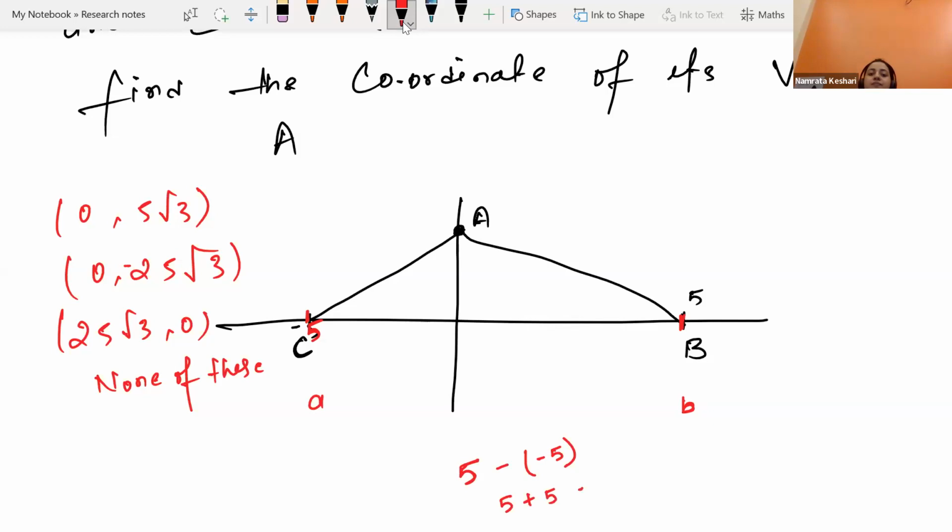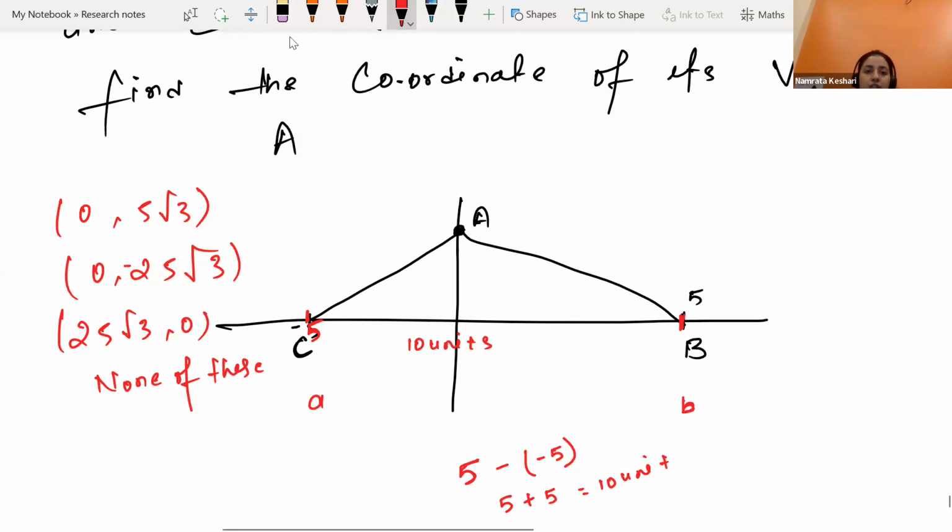Can we say distance is 10 units? Yes, ma'am. Okay. Total distance is 10 units. That means this AC also has to be 10 unit. Okay. And AB also has to be 10 unit. Right? Okay.